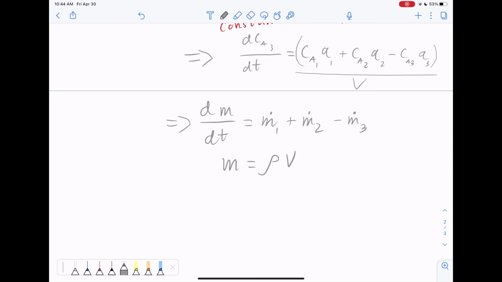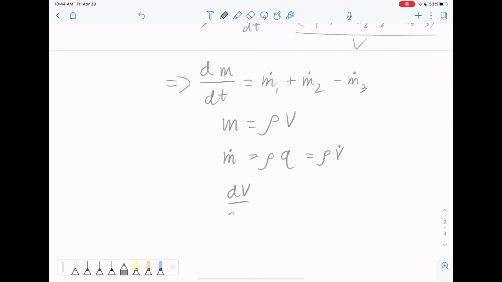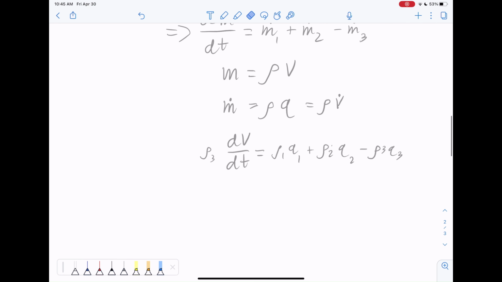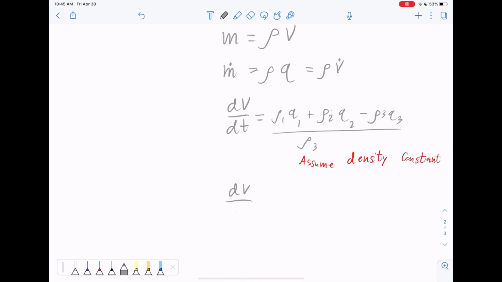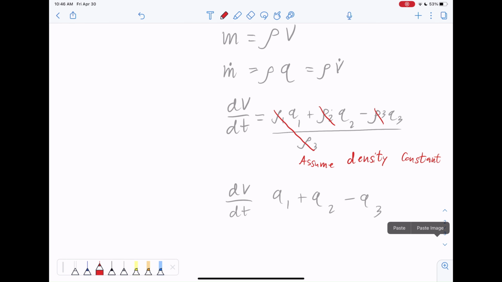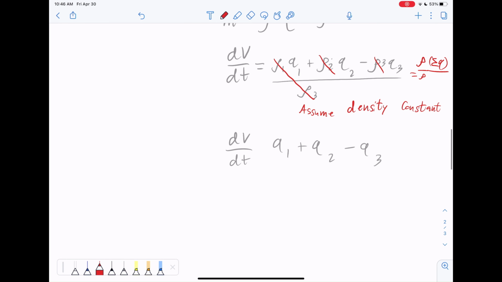And similarly, mass flow rate, or m dot, should be equal to the density times the volumetric flow rate. We can write the differential volume now for our total balance with respect to the mass balance by using these densities and mass flow rates, volume flow rates. Finally, if we assume density is constant, then our differential volume will be only based on the volumetric flow rates.